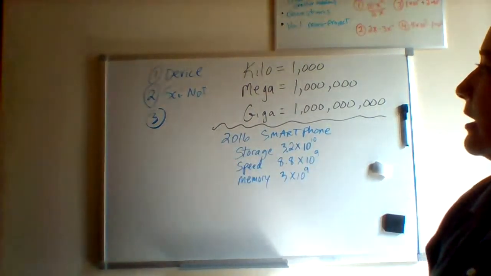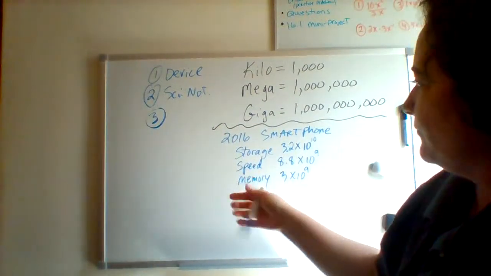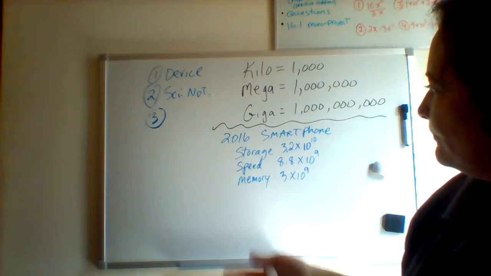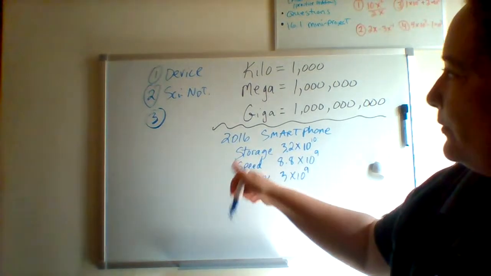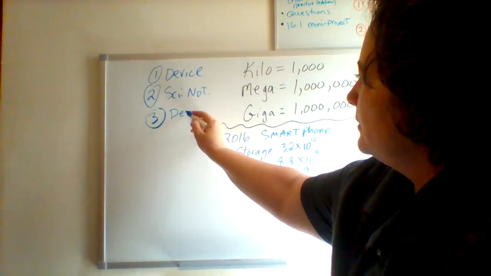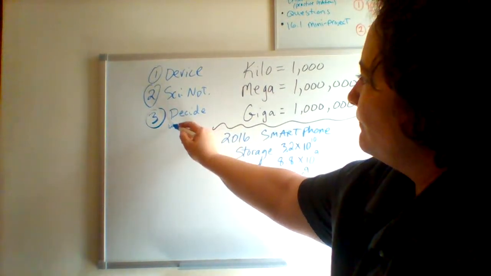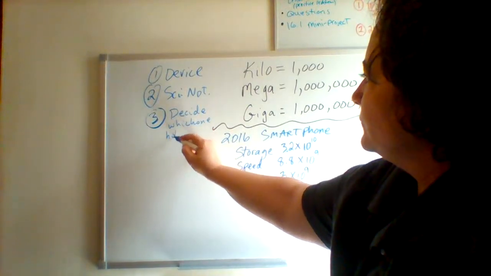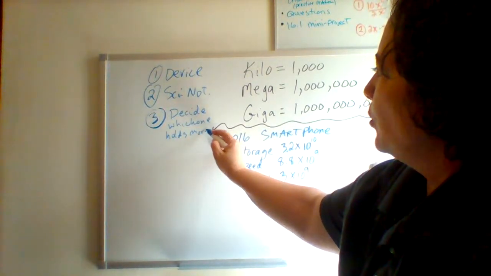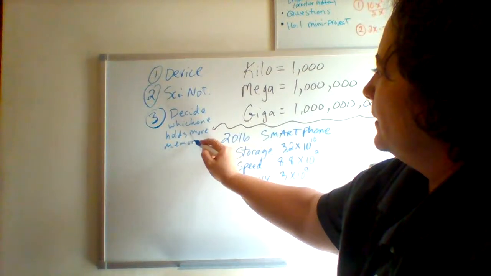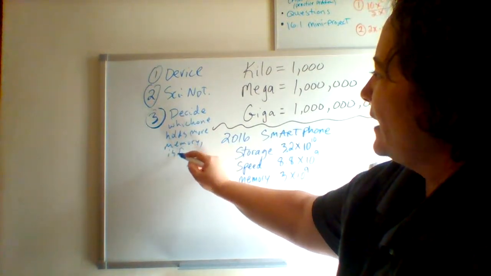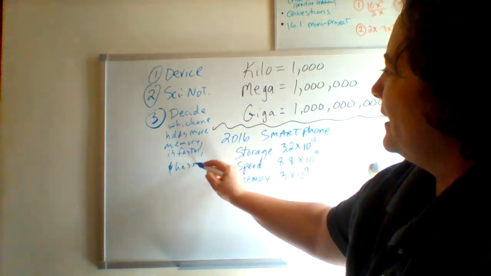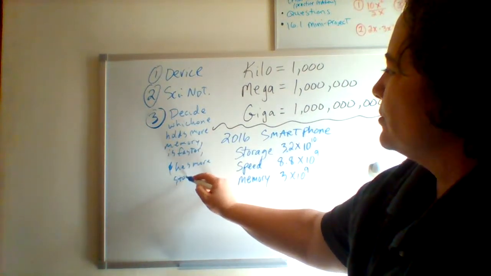Okay, so step 3, decide which one of all 3 can hold more, go faster, and have more memory, right? So decide which one holds more memory, is faster, and has more storage.